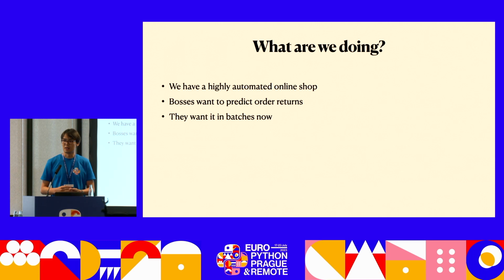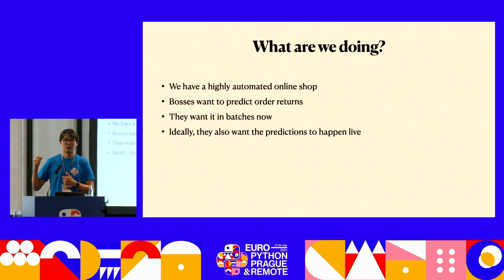So at the end of the day, we look at all the orders for the day, and we do a prediction. But ideally, and we will get bonus points for this, they want it to be live. So they want some kind of an API endpoint that they can call, and it will give you a prediction right away.